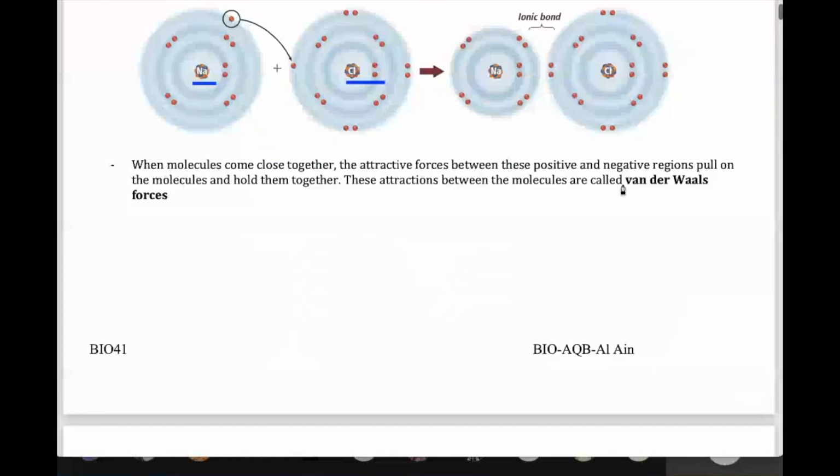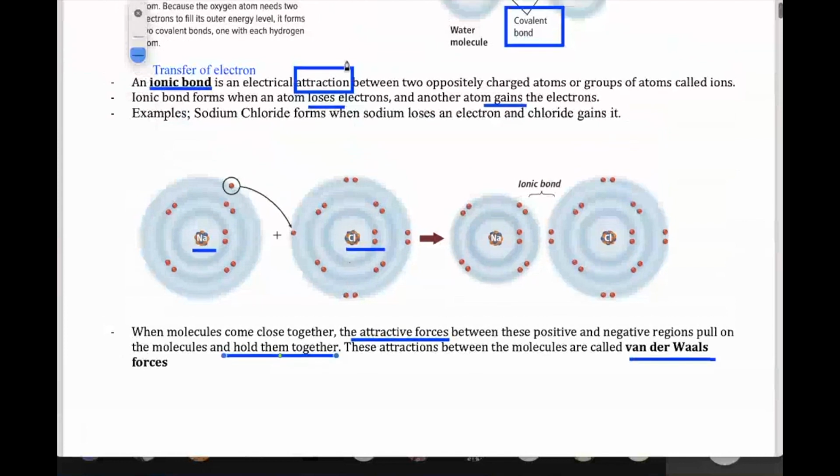Moving further, we have the last type of force, the van der Waals forces. These are again attractive forces between the positive and negative regions that pull on the molecules and hold them together. These are forces of attraction, but the difference is that you make ions in the ionic bond, and you don't make ions here.